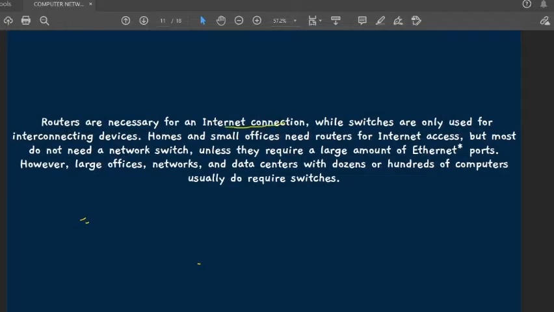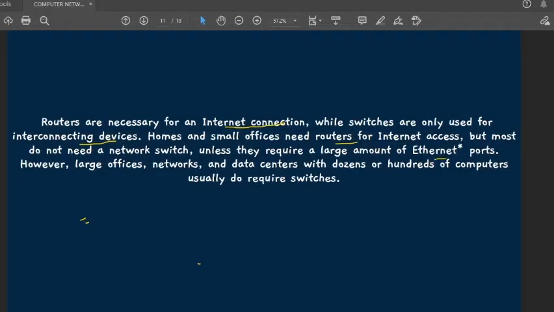It provides the internet connection, while switches are only used for interconnecting the devices. That is the main difference between router and switch. Homes and small offices need a router for internet access. We always need a router for providing internet, but most do not need networks. If they need a network, then a switch is used, unless they require a large amount of Ethernet ports.